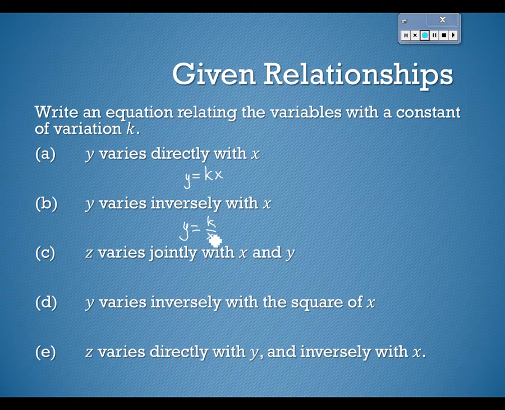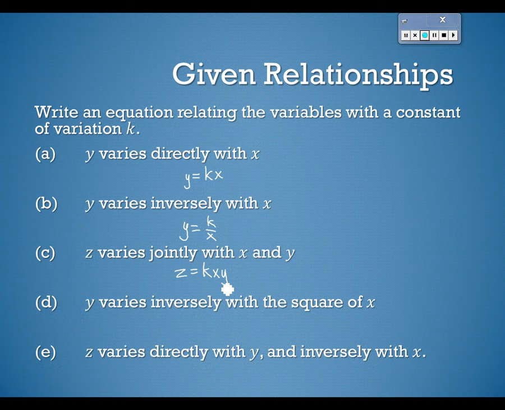Yeah. Z equals K times XY. And then what about those last ones? Those are the challenge questions. Carlos thinks he knows. What about you guys? So good job, Nathan. Here, Z equals K times XY.